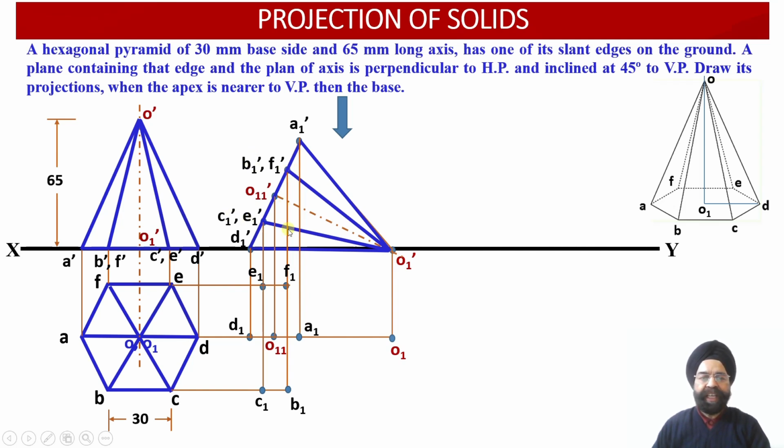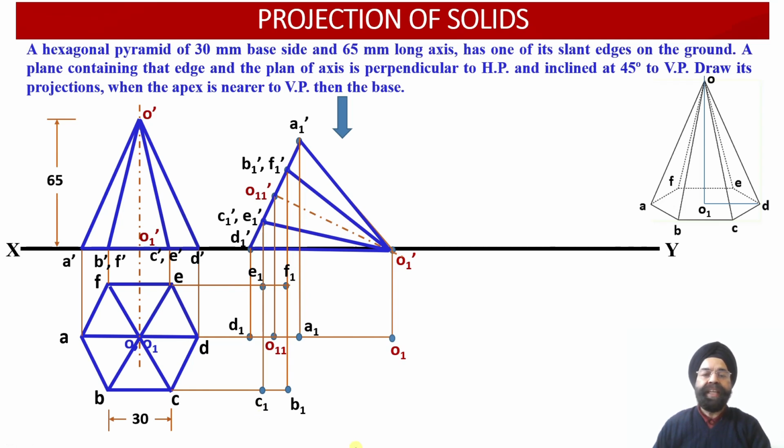If we draw a vertical projector line through B1 dash, wherever it intersects with this horizontal line emerging from point B, we are able to obtain point B1. This is point C1 dash. From C1 dash, again we have drawn a vertical projector line. Wherever this vertical projector line has intersected with the horizontal projector line drawn through point C, we have obtained the point C1 over here.